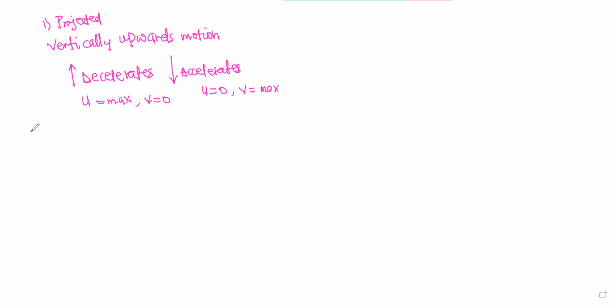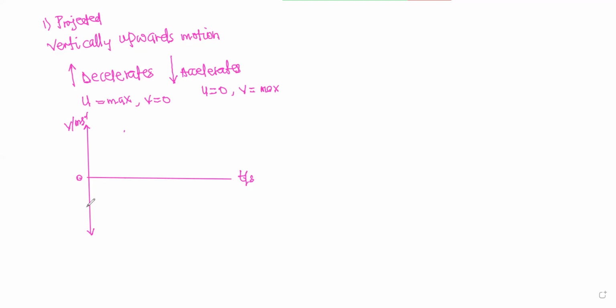Okay. So let's then plot our velocity time graph. This is t in seconds. This is v in meters per second. Of course, this is 0 for the time and for the velocity.